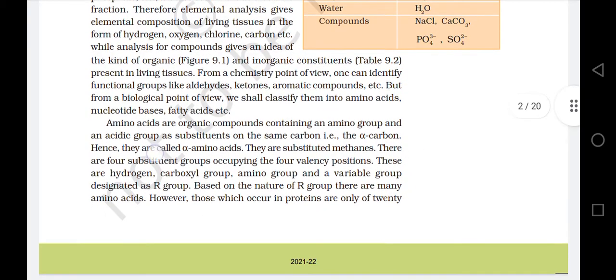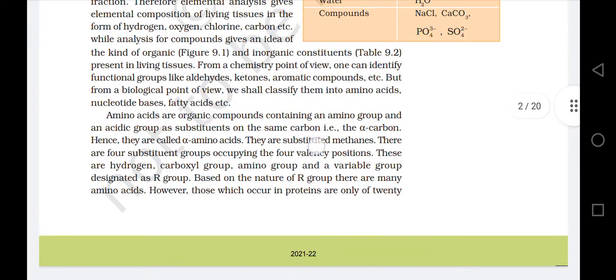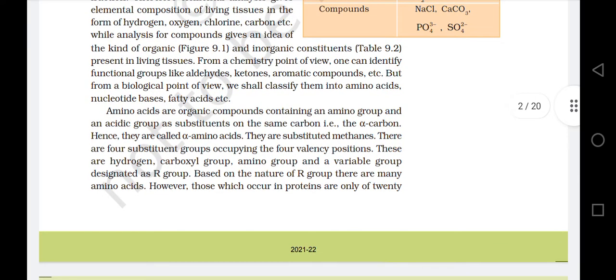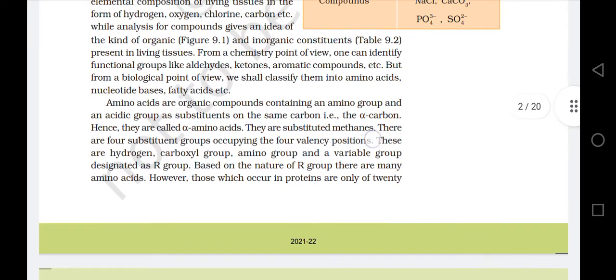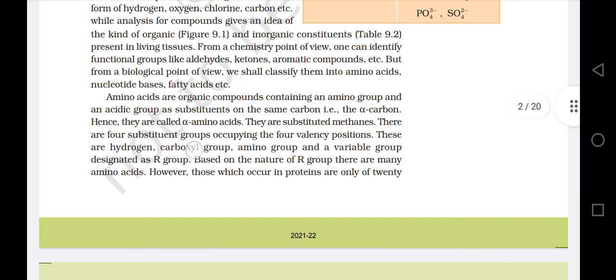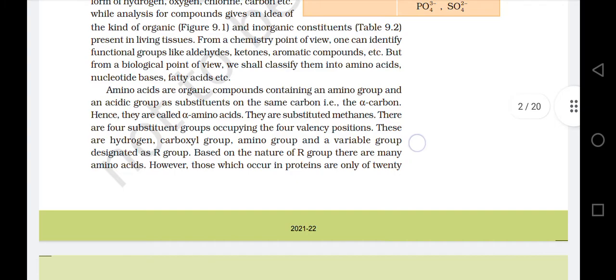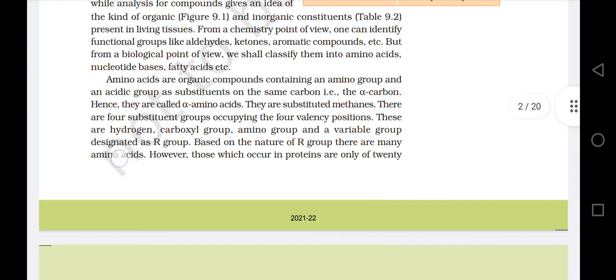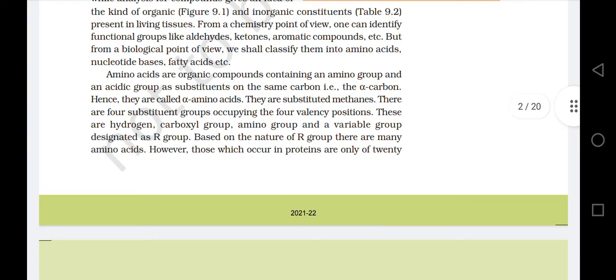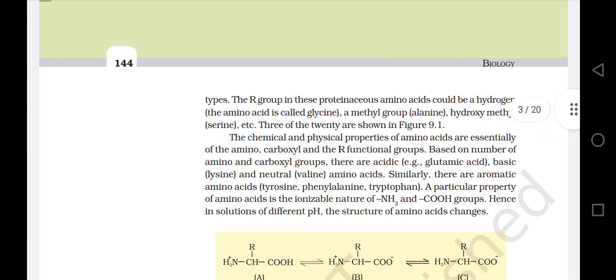There are four substituent groups occupying the 4 valency positions. These are hydrogen, carboxyl group, amino group, and a variable group designated as R group. Based on the nature of R group, there are many amino acids. However, those which occur in proteins are only of 20 types.